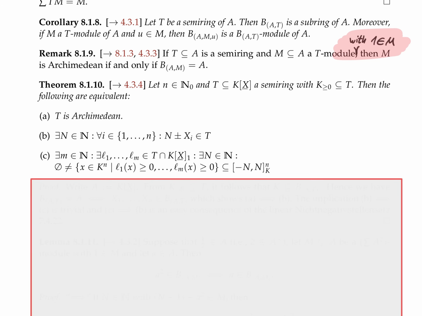If you think of T as being the polynomials that have a certain certificate of non-negativity on some set, then this means that here I have a certificate for this set being contained in a cube. So that's again the cube.